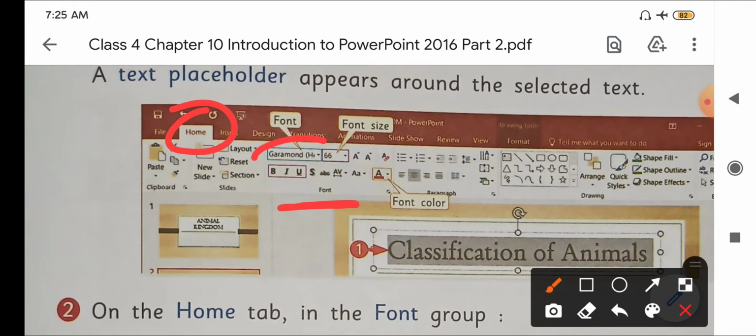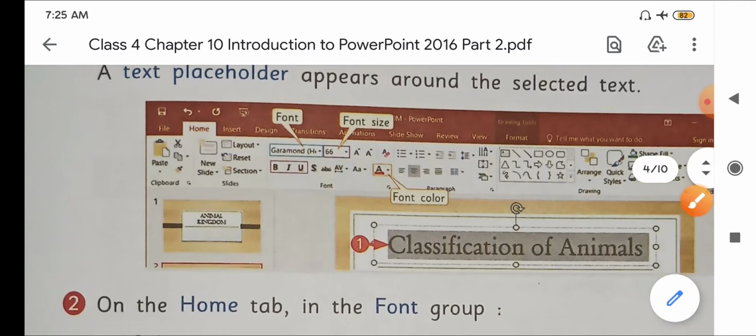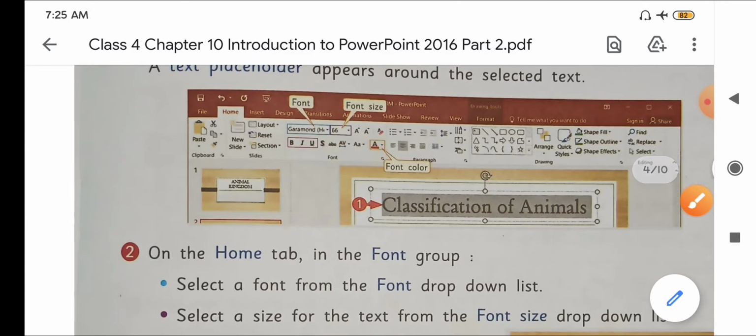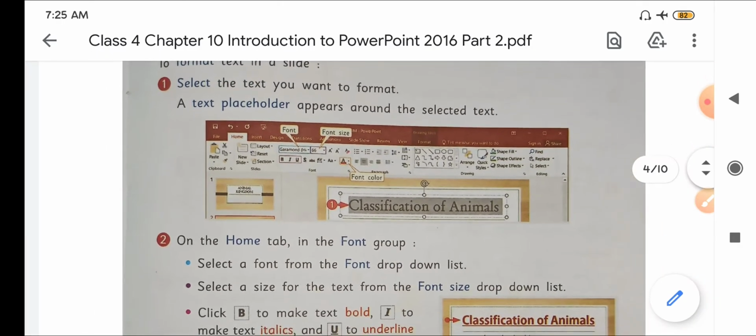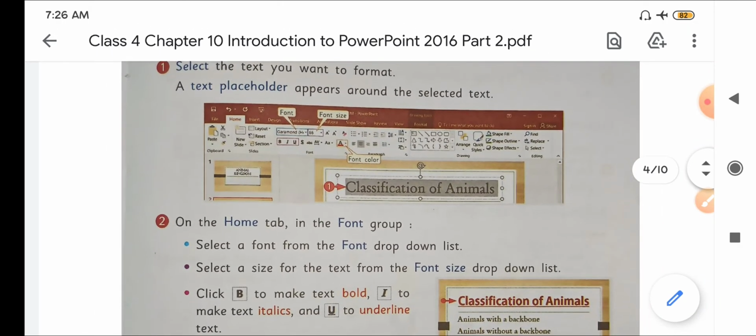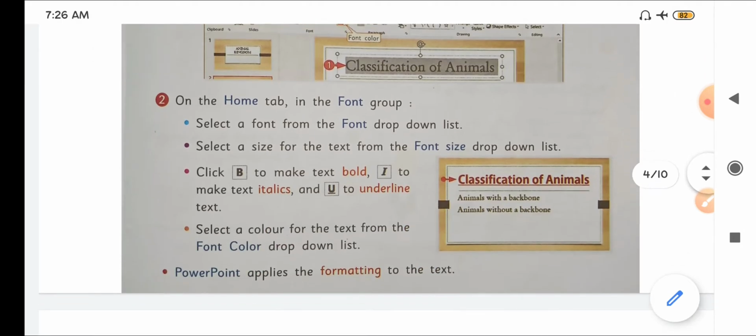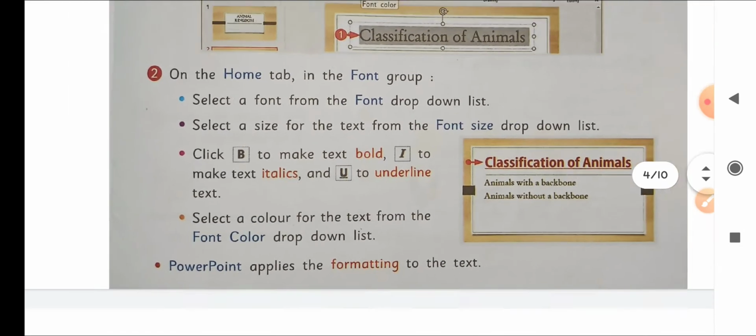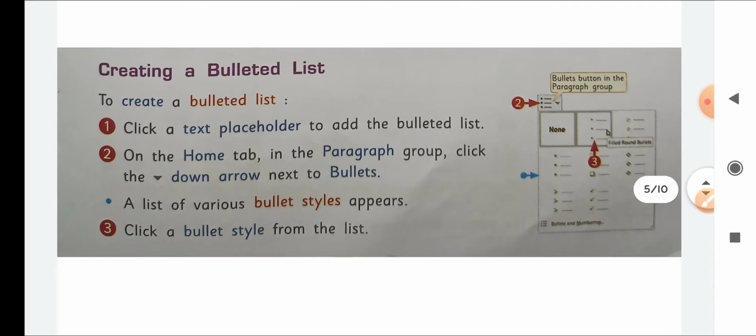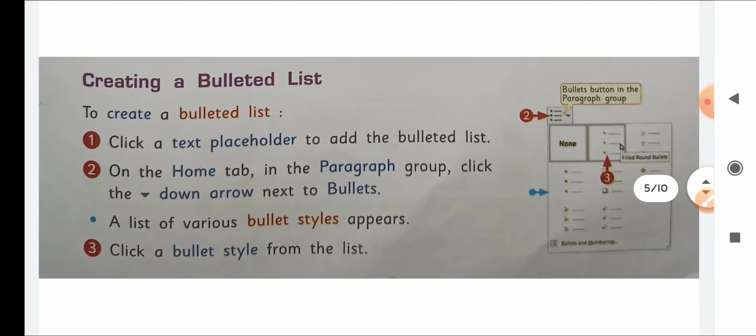These are the fonts, and you can select any one font which you want from it. Then you have to select the size, whether it should be bold, italic or underlined. Whatever you select will be applied. Then select the color also if you want, and the formatting is done. Got it?